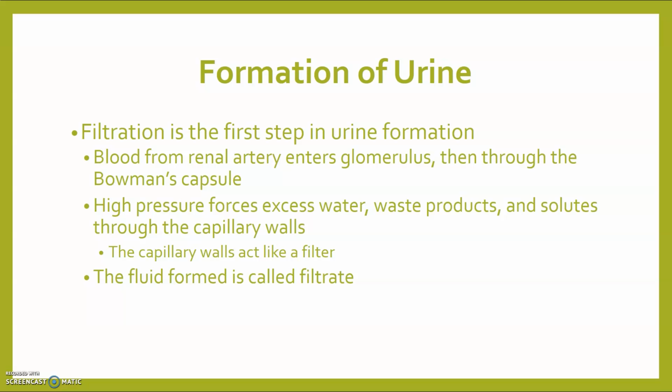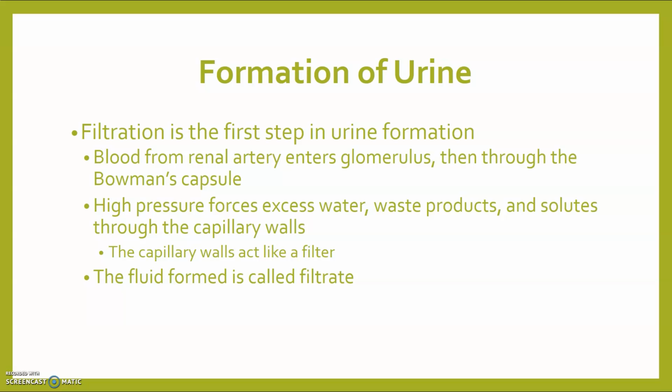Urine formation begins in the glomerulus, and filtration is the first step in urine formation. Blood from the renal artery enters the glomerulus through what's called the afferent arteriole. This blood then moves through Bowman's capsule, and high pressure forces excess water, waste products, and solutes, which are simply substances dissolved in blood, through the capillary walls.